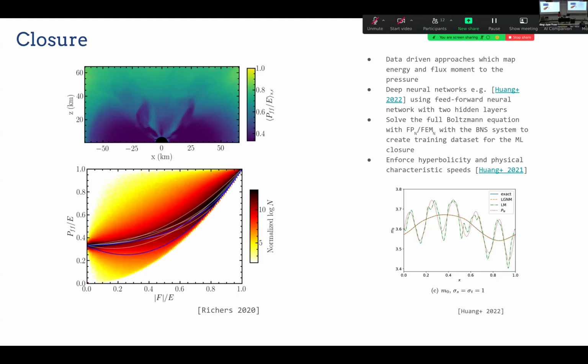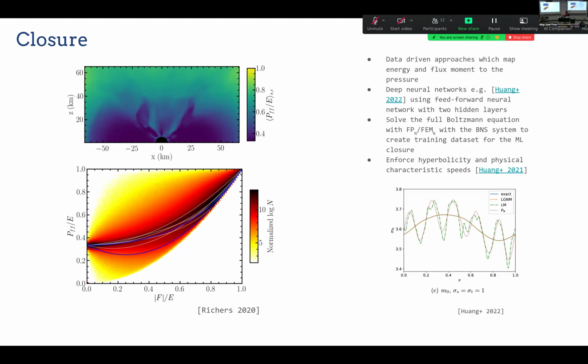So what I have here is a plot from Richers 2020, which shows a snapshot, a side view of this central object and the disk. I believe this is a Monte Carlo code, and what is plotted is the Eddington factor against the flux factor.